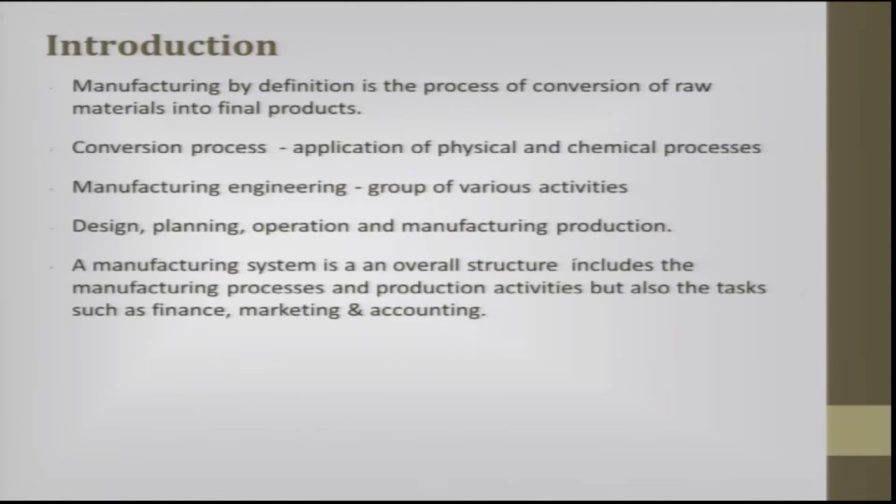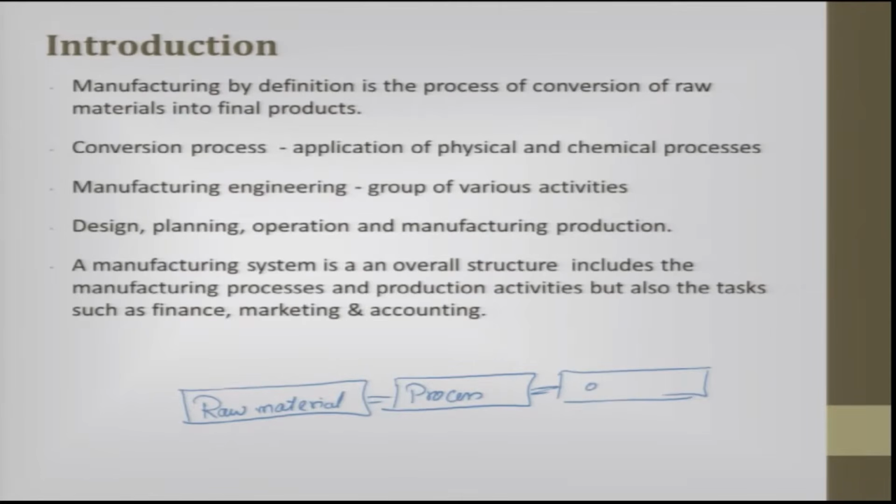When we talk about manufacturing, manufacturing is nothing but I take raw material, I apply a process, and I get the output. In this process you apply either physical or chemical energy to change the raw material.